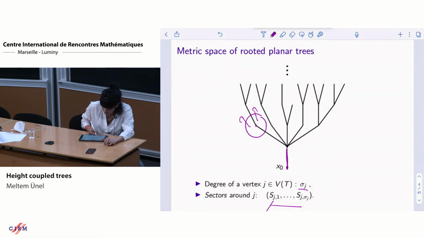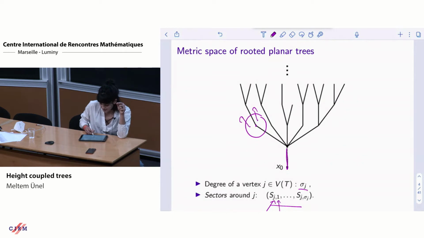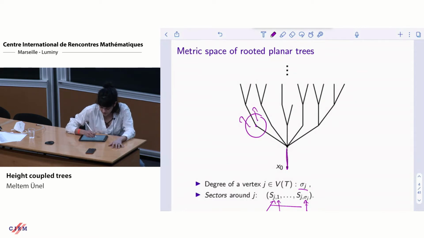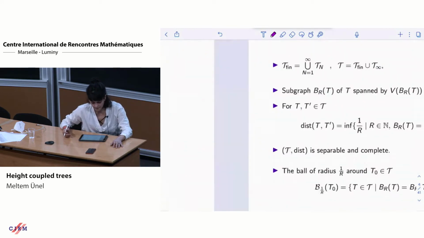This denotes the vertex around which I'm looking at these sectors, and these are ordered consistently according to the ordering of the children, and there are sigma j of them. So here, the valency of this vertex j is 2, and I have two sectors. This is going to be important for the grafting procedure that I'm going to explain in a minute.